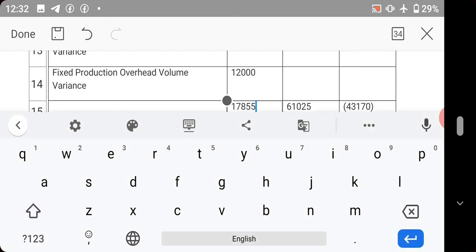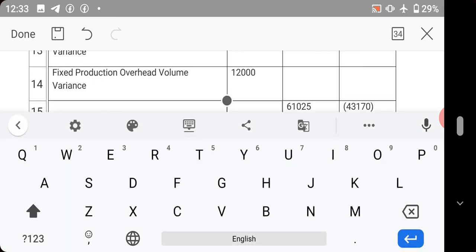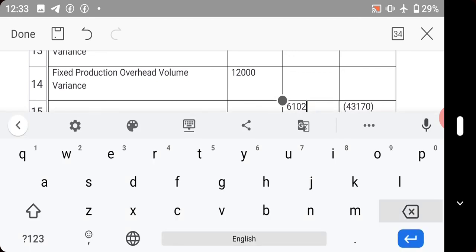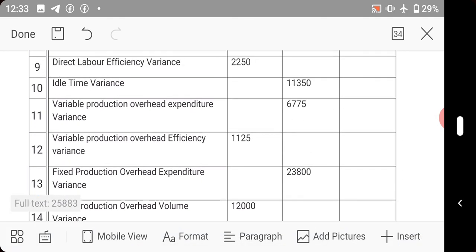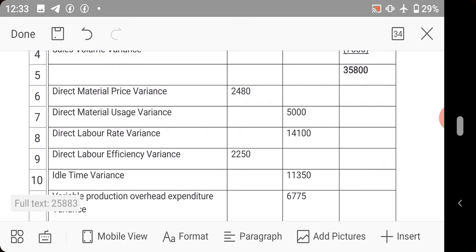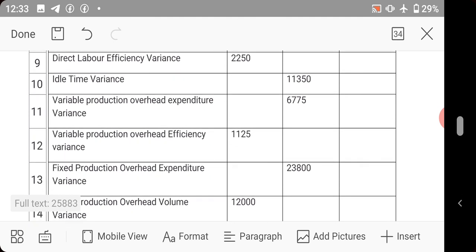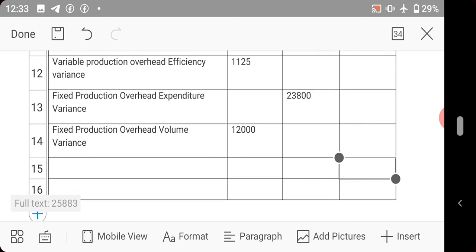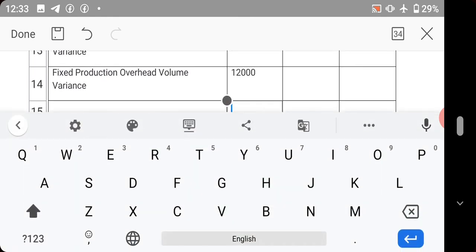Now, when you add these two sides, it will definitely give you a value. So we can try to add by saying 2,480 plus 2,250 plus 1,025 plus 12,000. That'll give you 17,855.